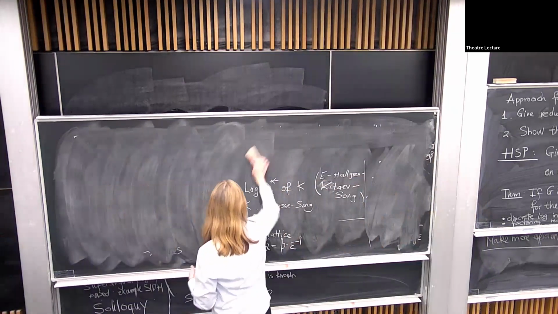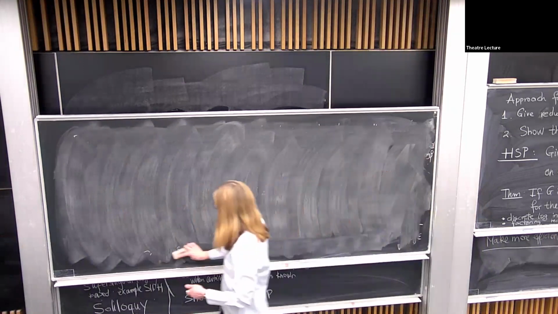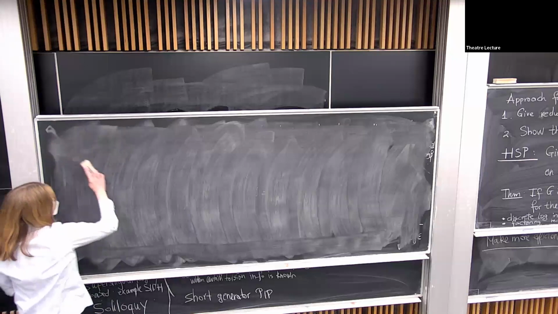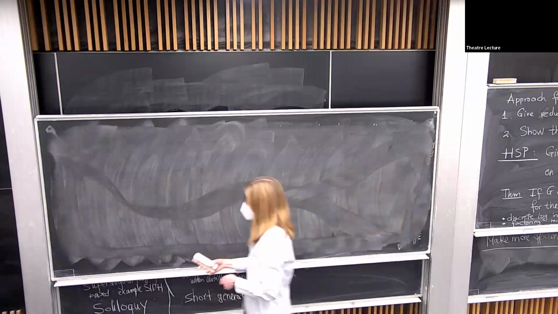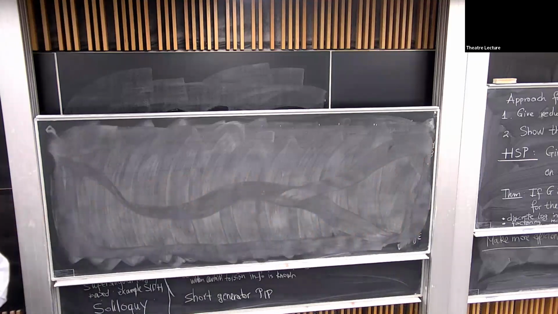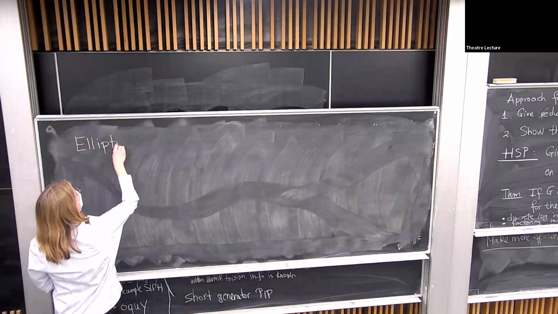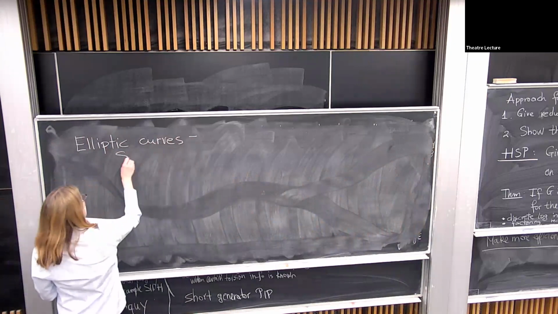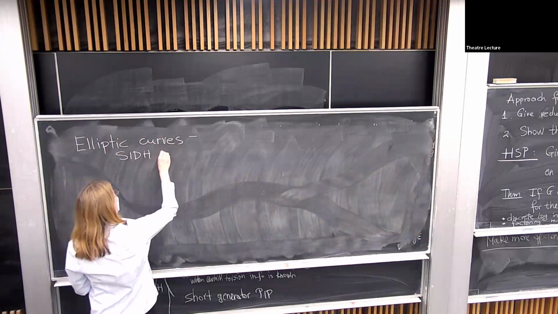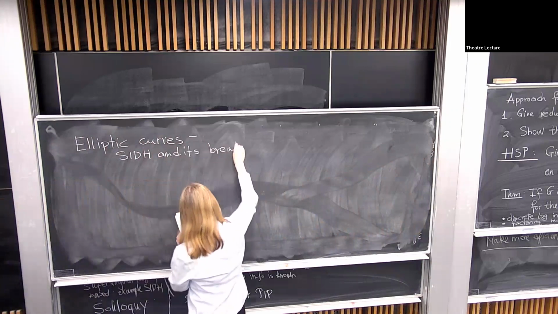Sarah, in her talk yesterday, had already talked about the isogeny graph, that the endomorphism rings are non-commutative. I want to just mention the system SIDH and what led to its break. So what is SIDH?